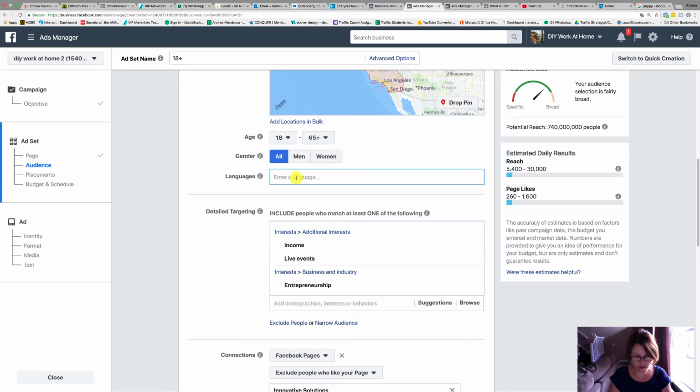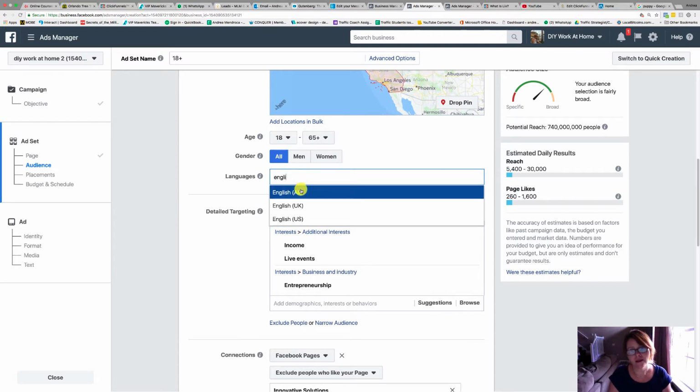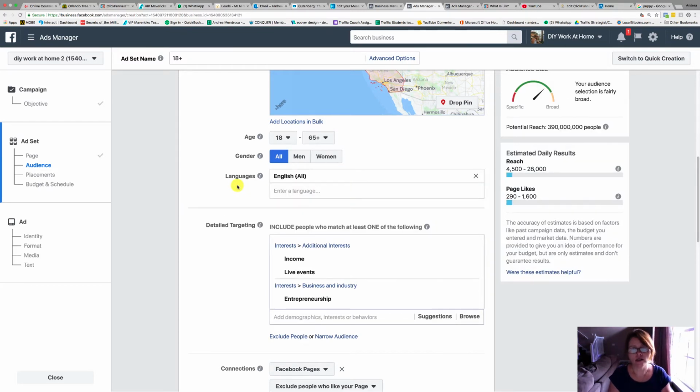And language, I want English, because since my target is to get page likes, and I want people who speak English all over the globe. Because what I'm gonna write on my page is in English. So I'm gonna select English. Now, if you live in a country where you wanna sell products and your products are only specific to your home language, and you don't wanna sell it worldwide, you just wanna sell to a specific location that speaks a specific language, you can do that.